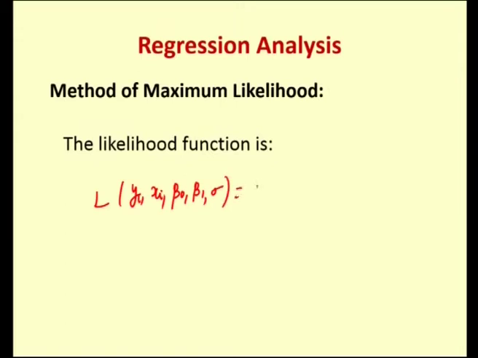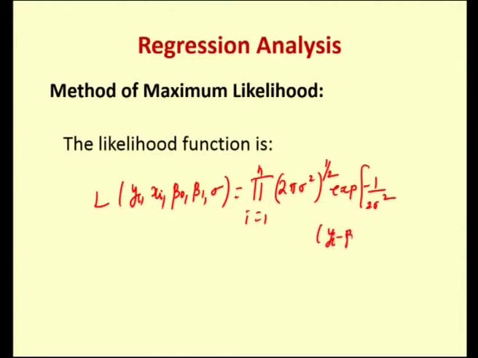This is equal to the product over i is equal to 1 to n of 2 pi sigma squared to the power minus half, and e to the power minus 1 by 2 sigma squared into yi minus beta naught minus beta 1 xi the whole squared. So, the mean here is beta naught plus beta 1 xi and the variance is sigma squared.